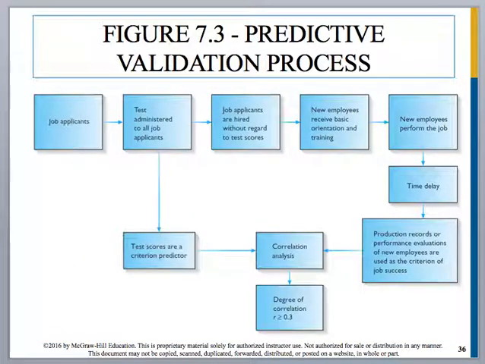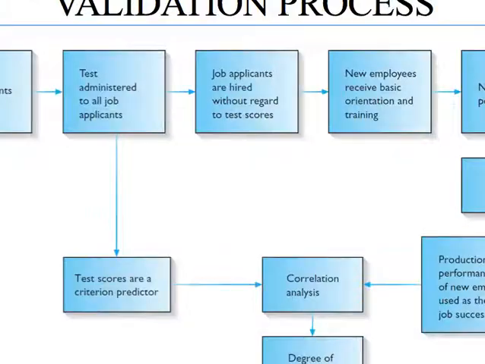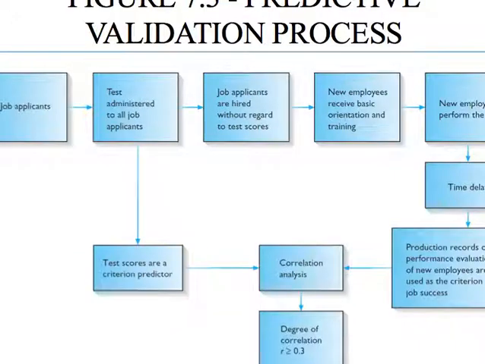When we look at figure 7.3 of the predictive validation process, I'm going to expand this a little so you can see. So we have our job applicants, and then they receive a test. If the scores are criterion predictor, they then go to correlation analysis.